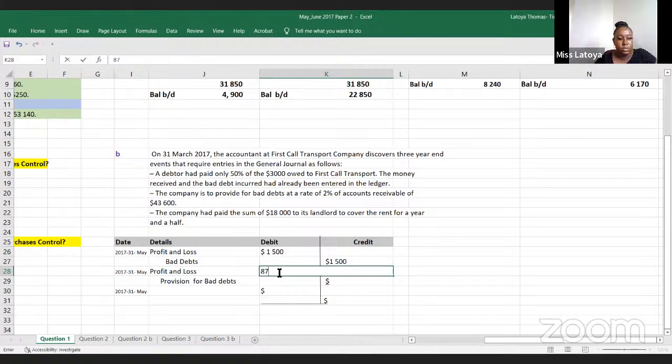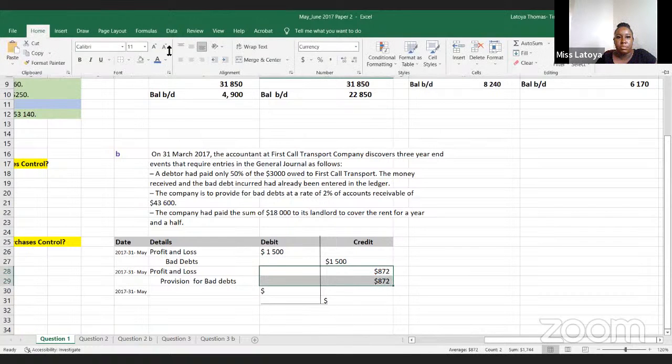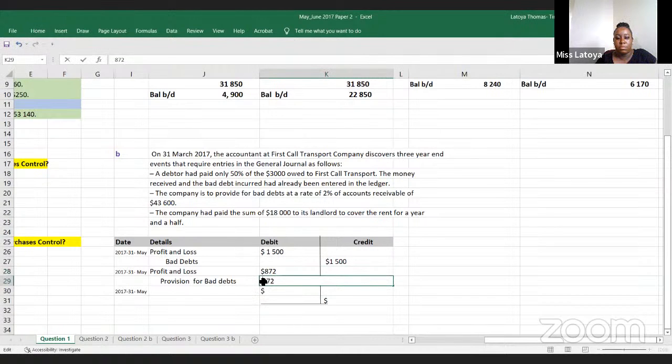Here is going to be 872, as I said, and on this side is going to be 872. I need to adjust my tables. All right, so I'll write it in. So it's going to be 872.